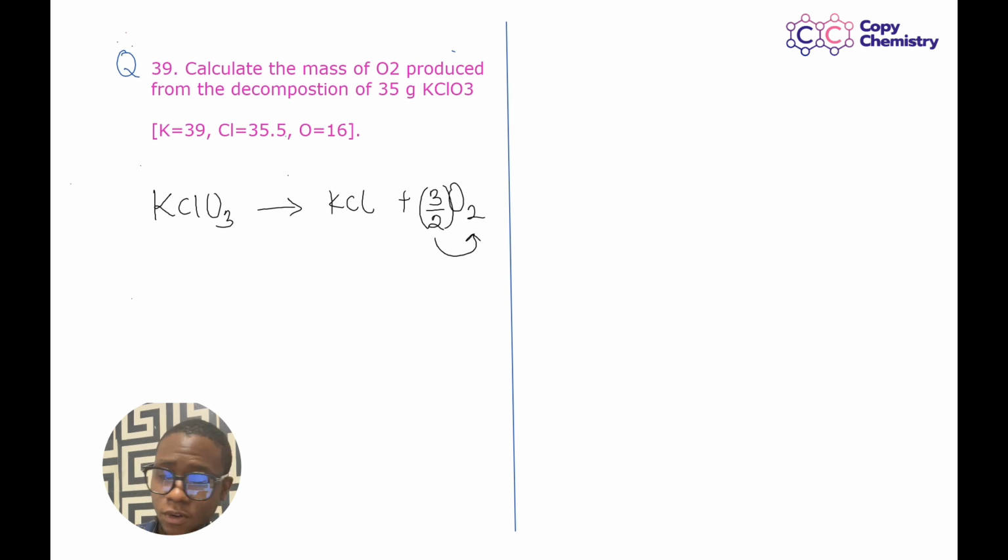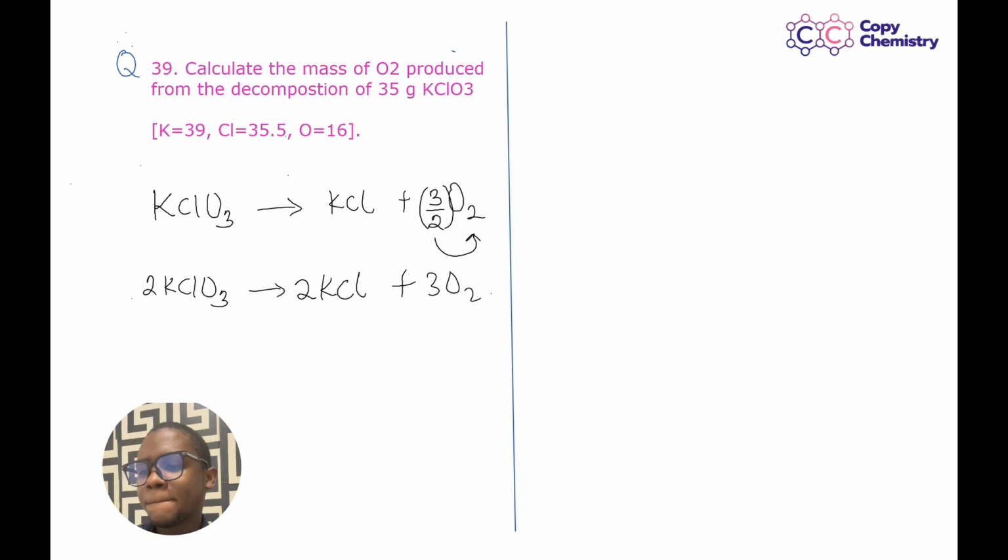This is another way of balancing the equation with fractions. Then you can choose to multiply everybody by 2 if you want to get rid of the fraction. So 2KClO3 gives 2KCl and 3O2. Perfect. All right, is everybody happy?